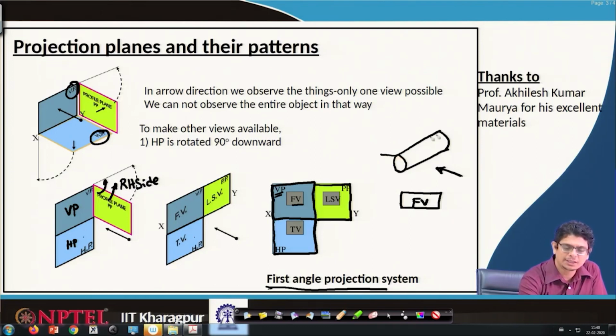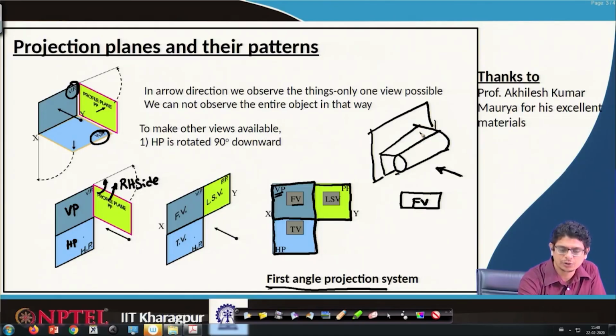So, map this entire thing onto this plane, so that from the bottom also one line goes in that way. Whatever the projection, we call it the front view here.